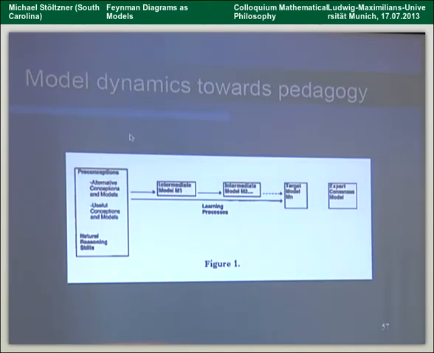I try to make sense for the model debate of what these educational scientists tell us. I mean, here you have always an intermediate model, and you can say, well, there's a didactical target model, and the didactical target model isn't, of course, the model that works as a heuristic device for the physicist. This would be a different one. And of course, the story will be a different one for that target model. And that's why here the didactics people have a distinction between the target model of the didactics and the expert consensus model.